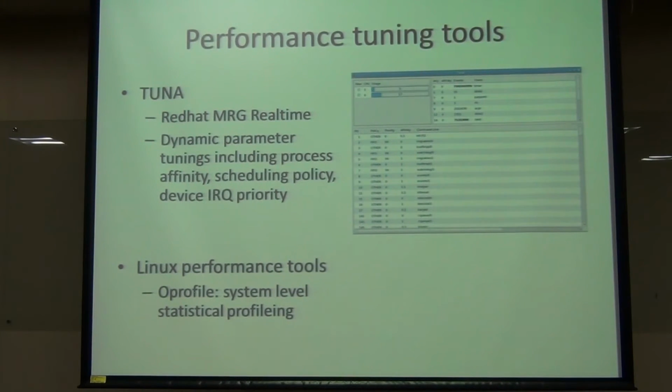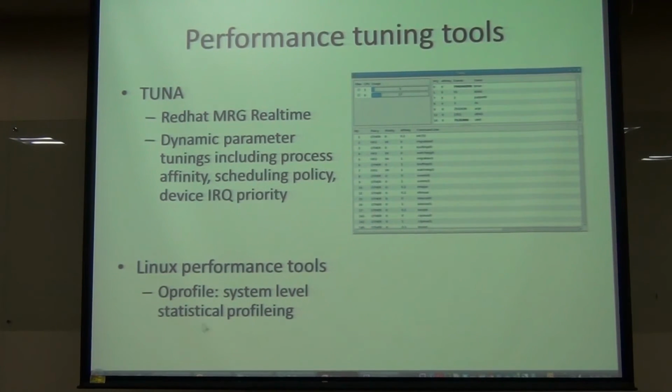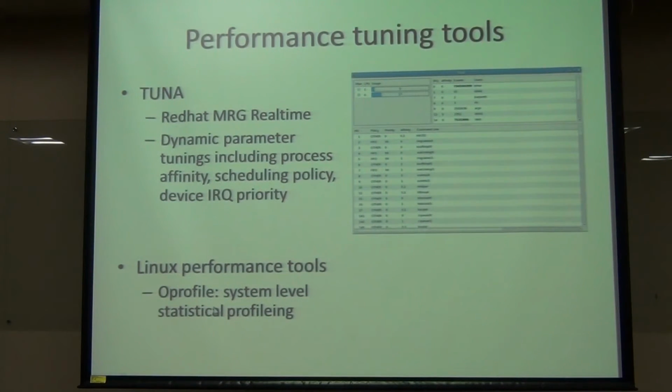And this is Tuna from Red Hat, which I have not used because it's part of the Red Hat MRG real-time package. I believe you have to subscribe to get this one, but it looks promising, so I just put it here. And the other regular performance tuning tools for profiling, which is system-wide statistical profiling.